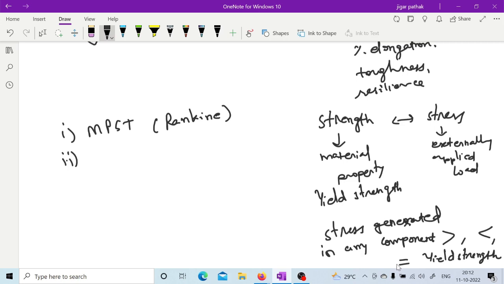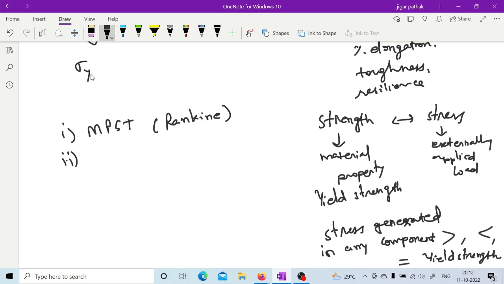Sir, when we say strength, generally we mean yield strength. No, it cannot be generalized, because in case of brittle material you are considering ultimate strength, right?